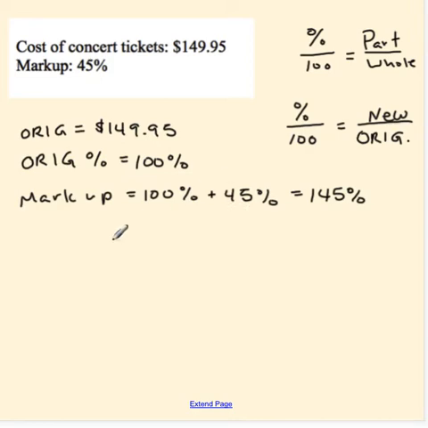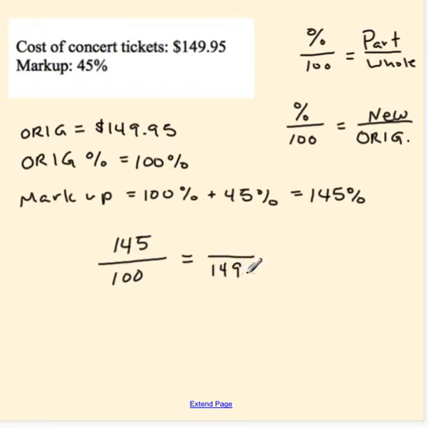So let's take a look at how to put it into the formula. 145% of 100, so the whole plus 45% more, is equal to, now where does the 149.95 have to go? Well, this is the original amount. It lines up with the 100%, so it has to go on the bottom here.